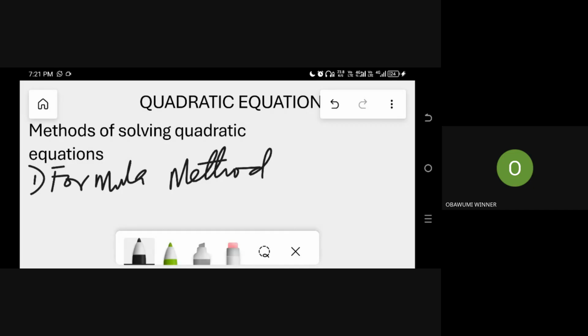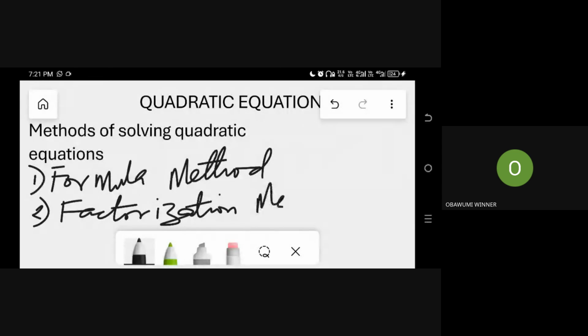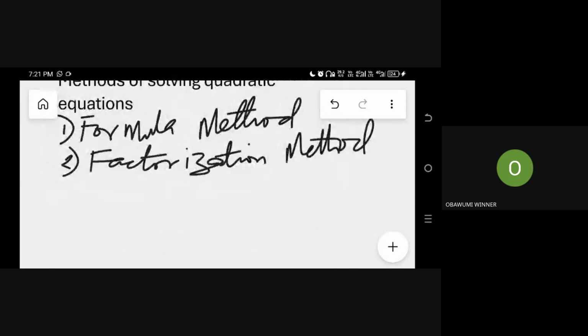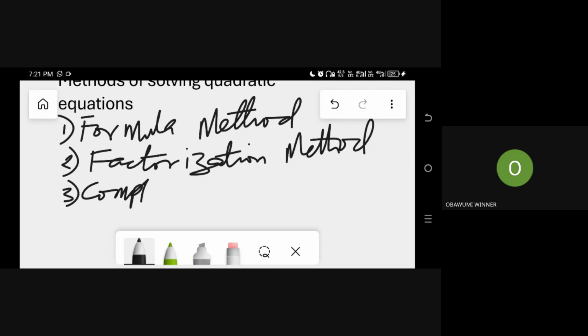factorization method. There is a factorization method, then completing the square, the completing the square method.